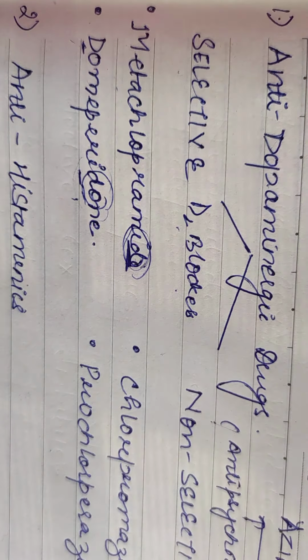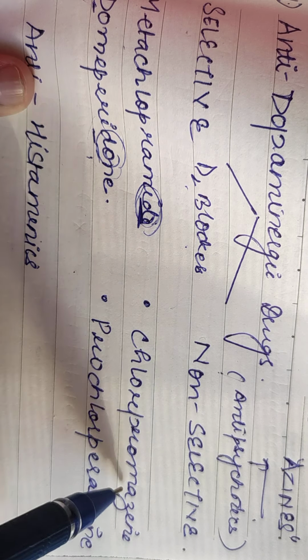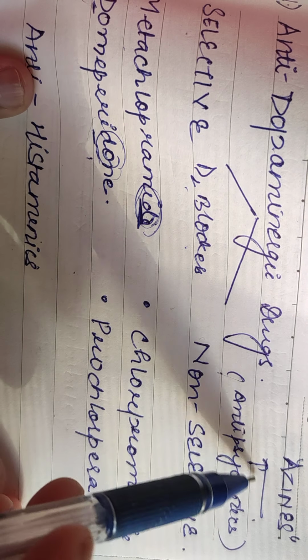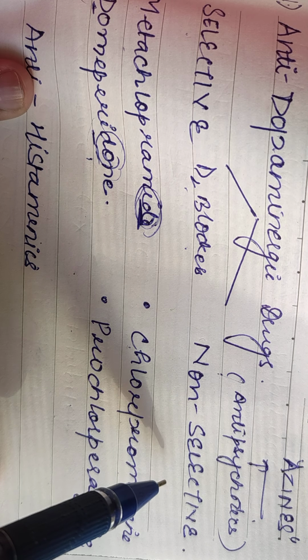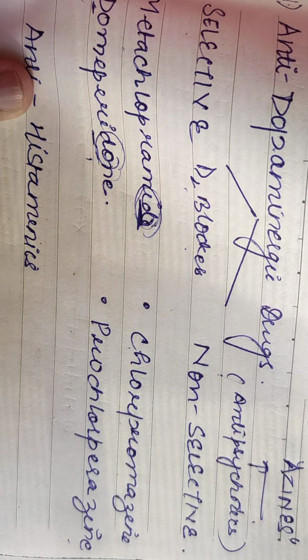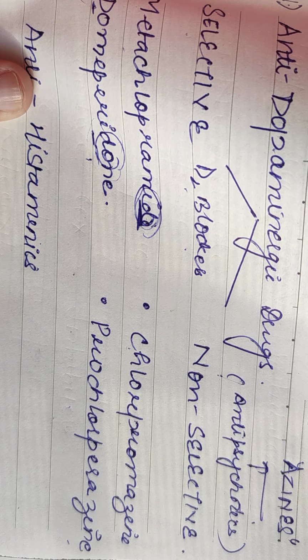Now non-selective are basically those which have azines: chlorpromazine and prochlorperazine. Chlorpromazine and prochlorperazine are non-selective D2 anti-dopaminergic drugs. Azine and azine, they are non-selective, and D is selective. This you need to remember.